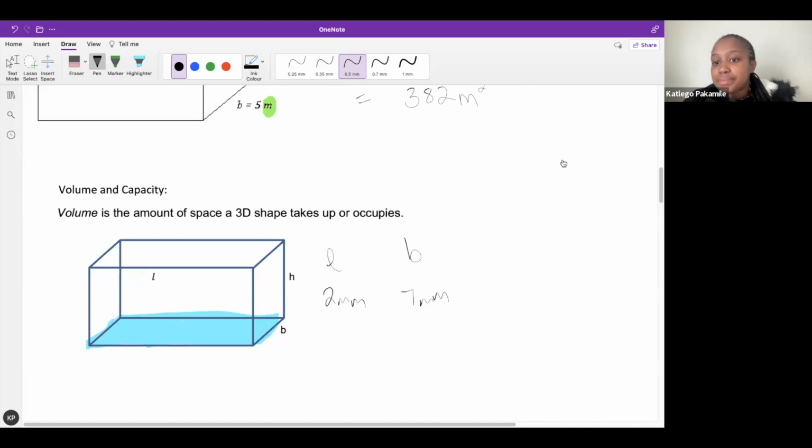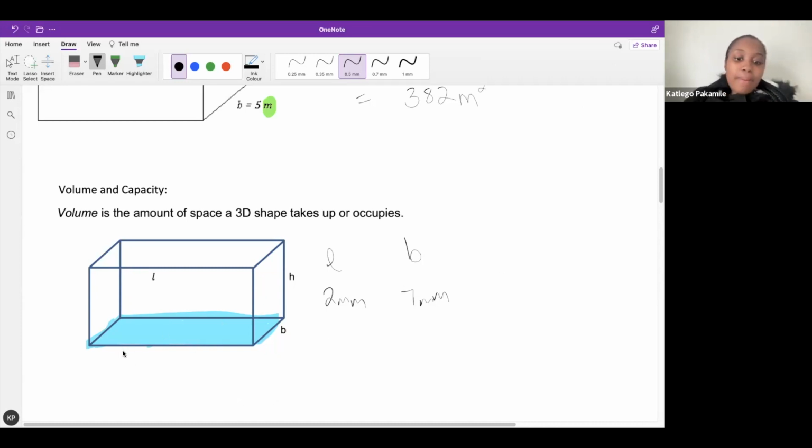What do we think? Okay, we're saying 3. Okay, and Mohammed says 2. Okay, for this case, I want you to imagine that it is 3-dimensional, because it has a height. I just said I'm going to give you a height.